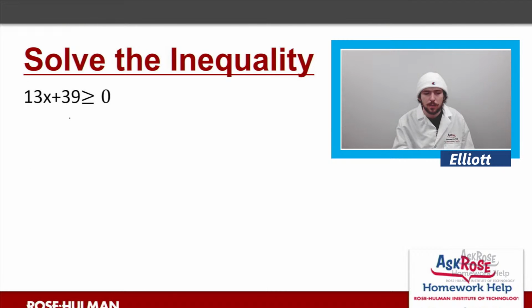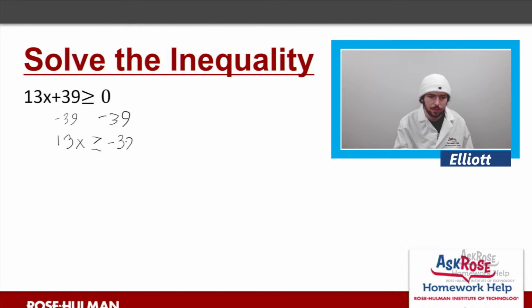Okay, so I'm also going to go over how to check your answers when you get them. So in this example, if we subtract 39 from both sides, now we're going to have 13x is greater than or equal to negative 39.